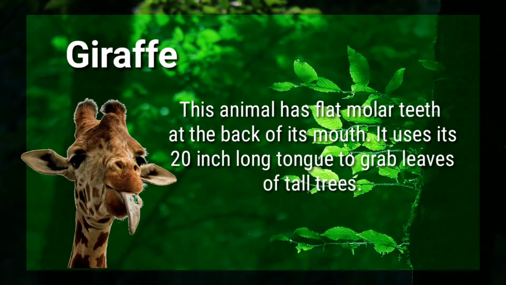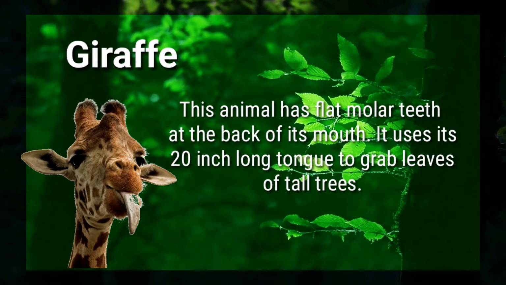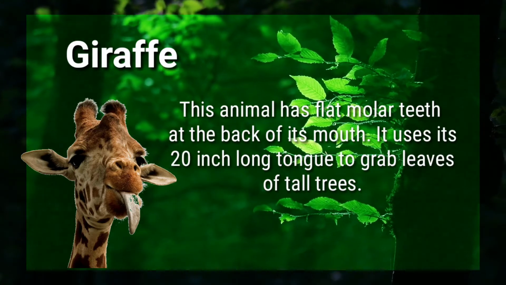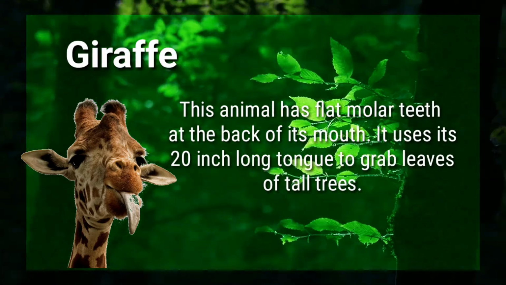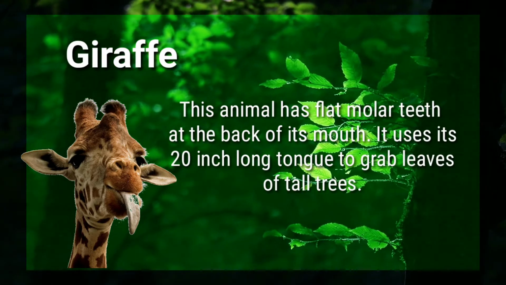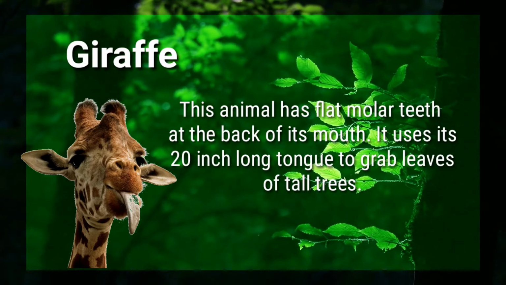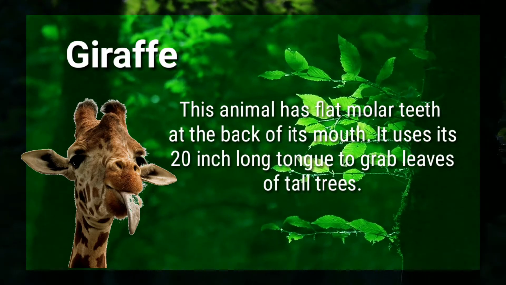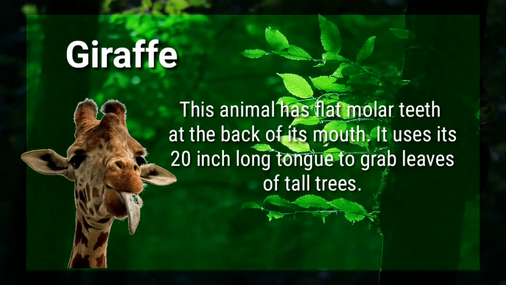Yes, so that it can reach the branches of tall trees and eat the leaves. It uses its 20-inch long tongue to grab leaves of tall trees. So, these are the animals that have unique mouths.